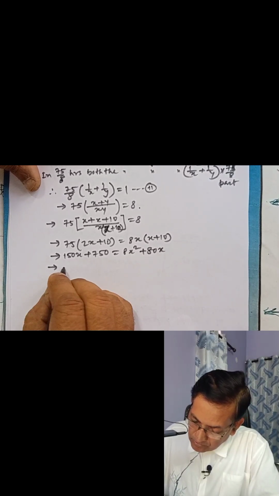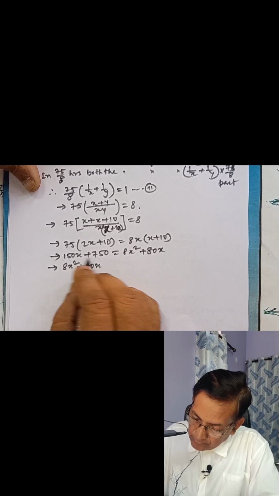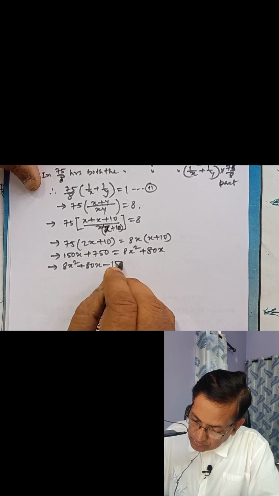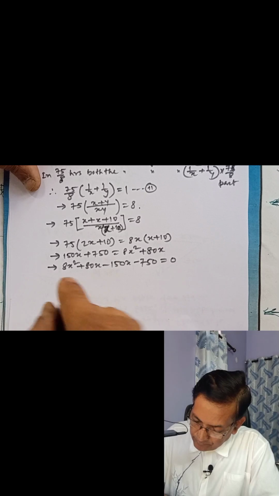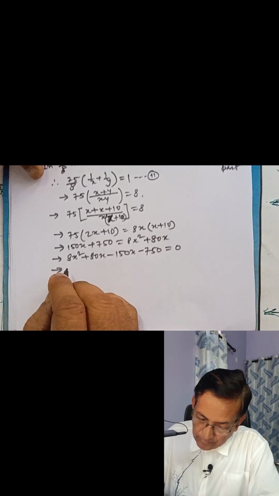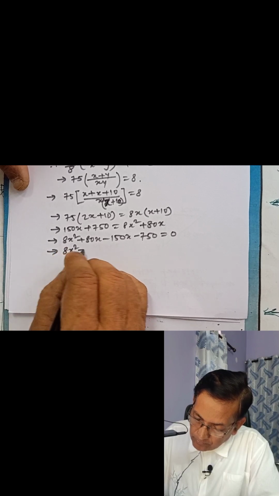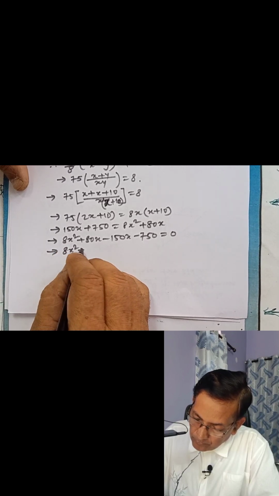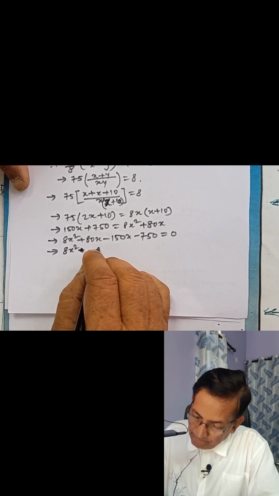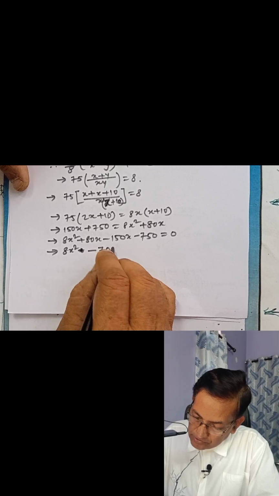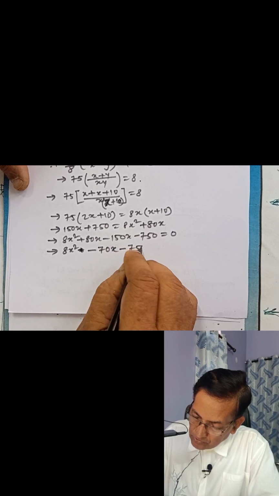If you rearrange this, 8x square plus 80x minus 150x minus 750 is equal to 0, or 8x square minus 70x minus 750 is equal to 0.